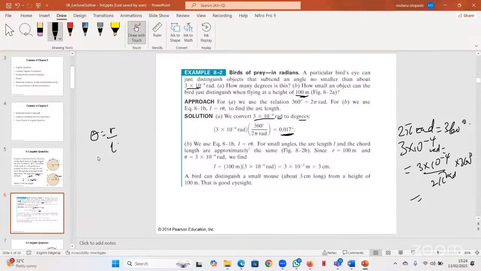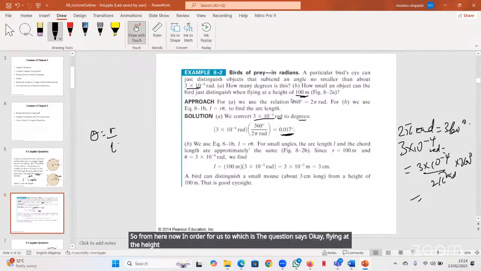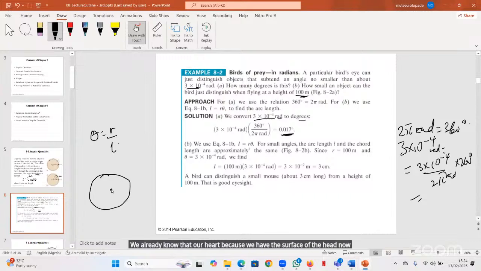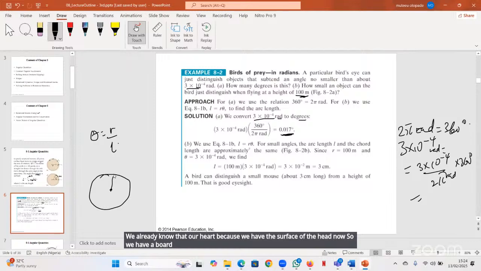So from here, the question says the bird is flying at a height of 100 meters. We already know our R, because we have the surface of the earth now. So we have a bird that is flying at 100 meters.